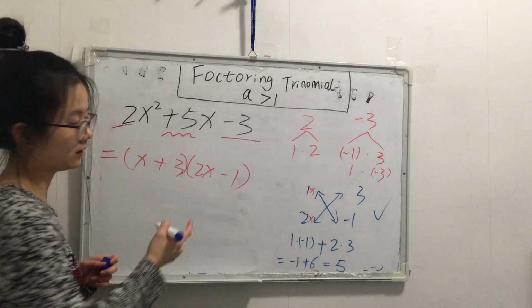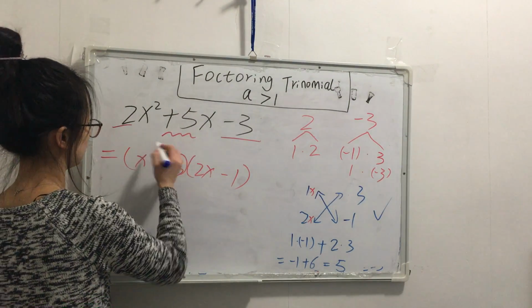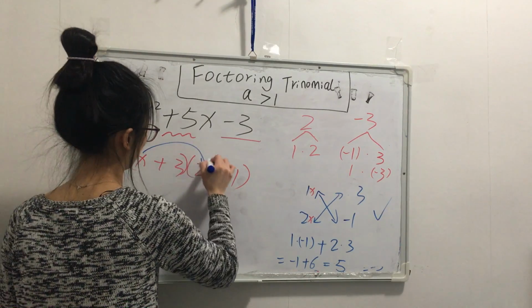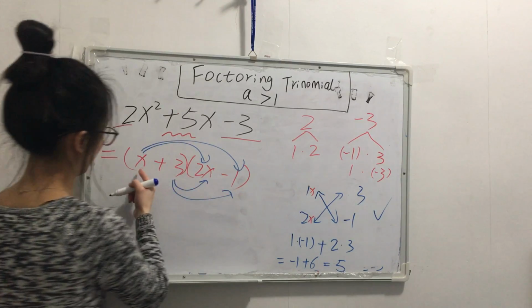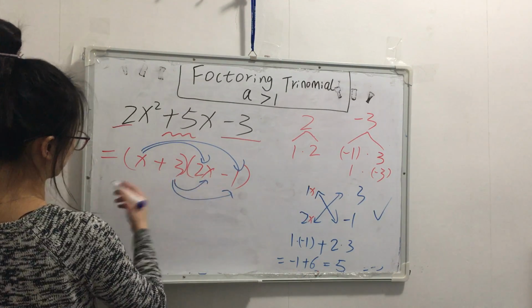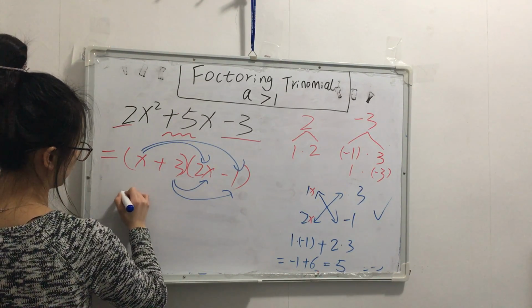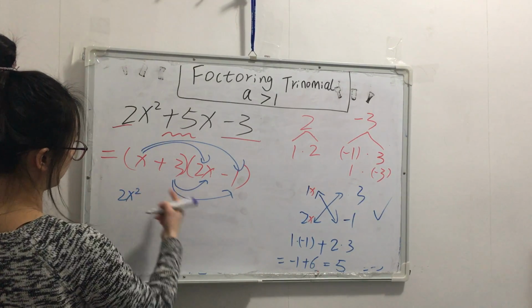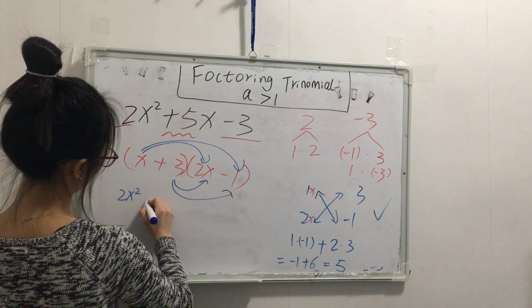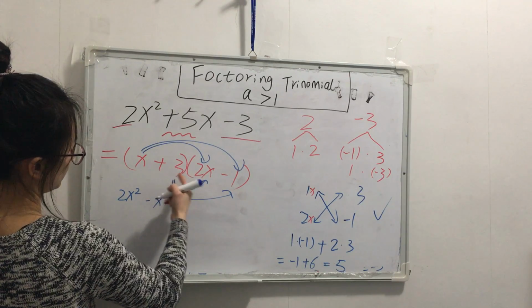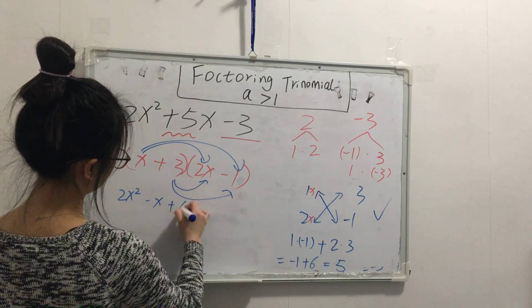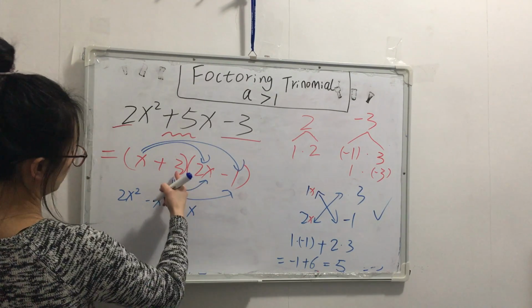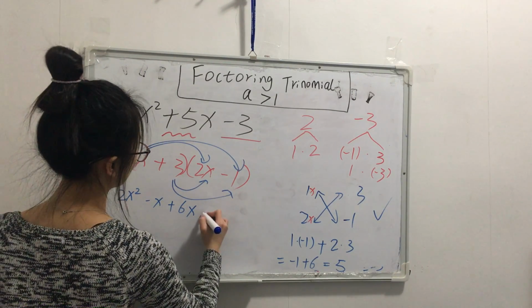Let's also check if that is correct. We apply the distributive property. x times 2x, which is 2x squared. x times negative 1, which is negative x. 3 times 2x, which is 6x. 3 times negative 1, which is negative 3.